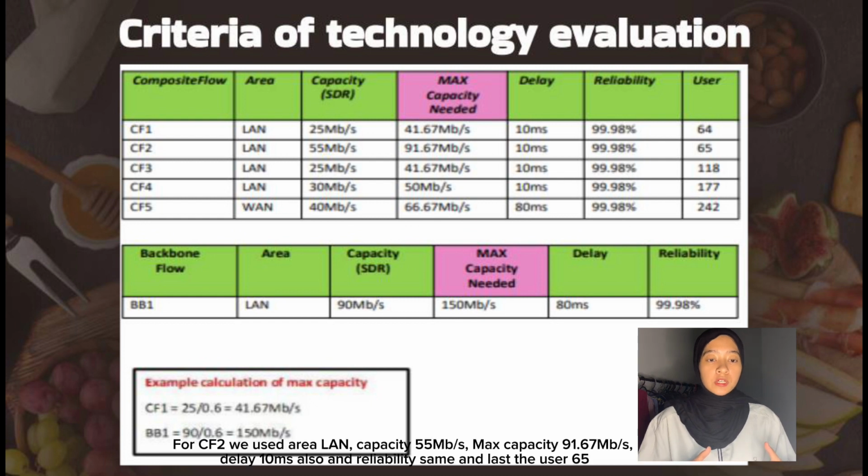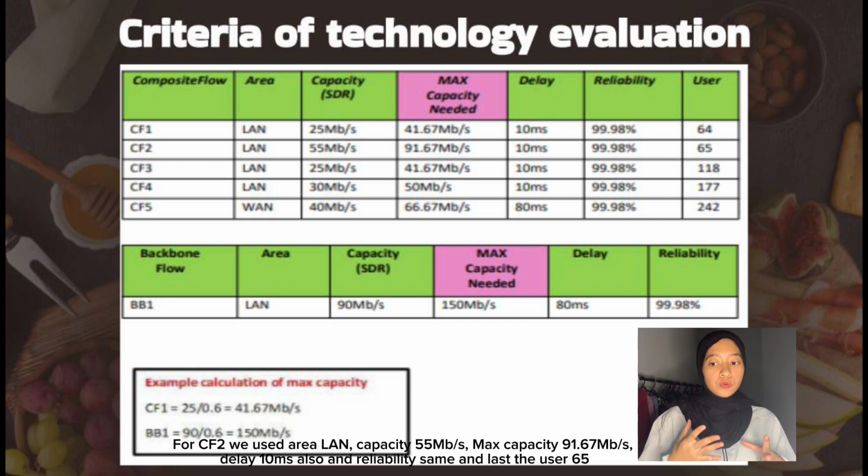For CF2, it's between FB, FD, and FH. FB is payment system, FD is database system, and FH is online food ordering system. For CF2, we use area LAN and capacity 55 Mbps.